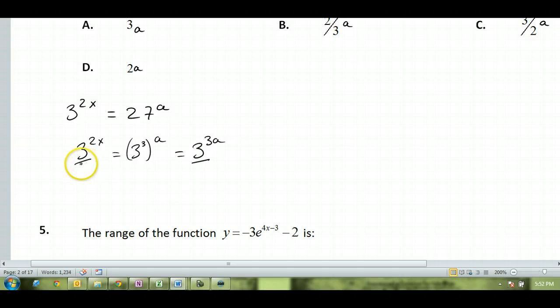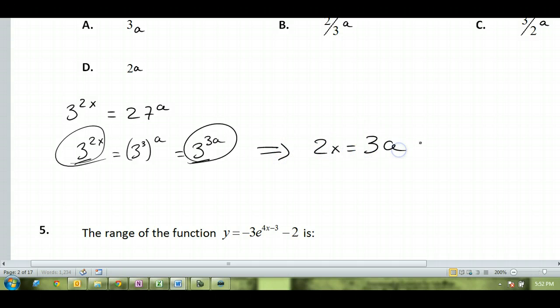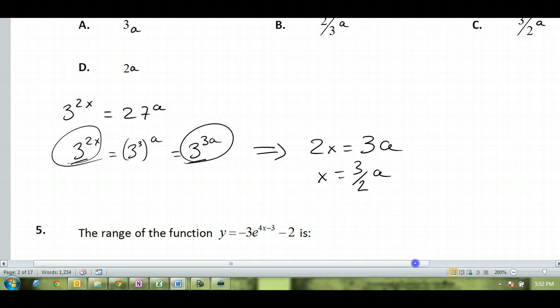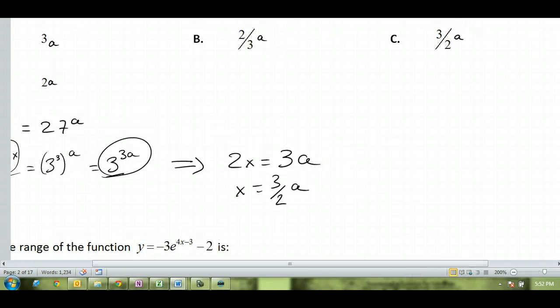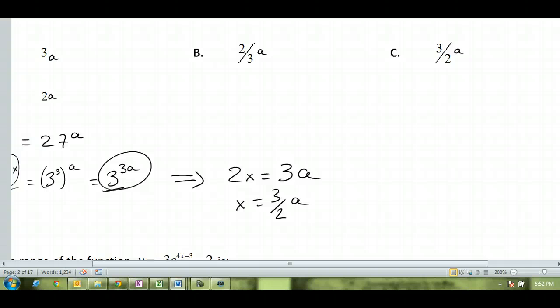This is an equality of output, okay? This is the output of an exponential base 3, and this is the output of an exponential base 3. If two outputs are equal, then the inputs have to be equal, okay? So 2x is 3a and x is 3/2 of a. And 3/2 of a is number C.